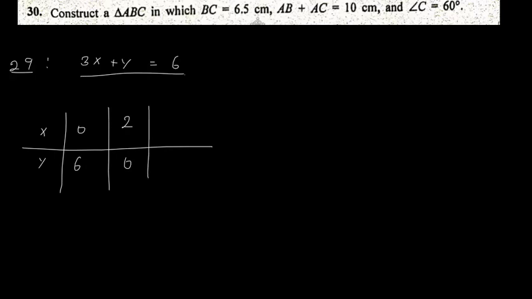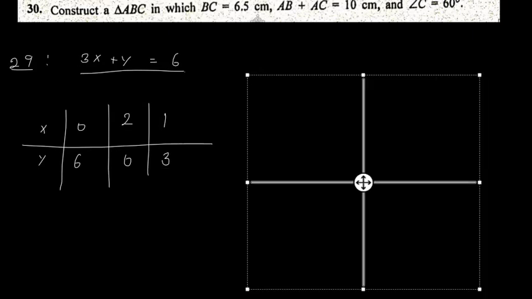When I take any other value, say y equal to 3, then 3x plus 3 equal to 6, which gives me 3x equal to 3 and that gives me x equal to 1. So now we plot these points on the graph paper.